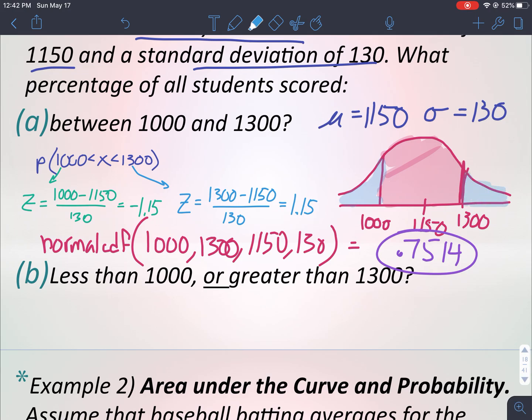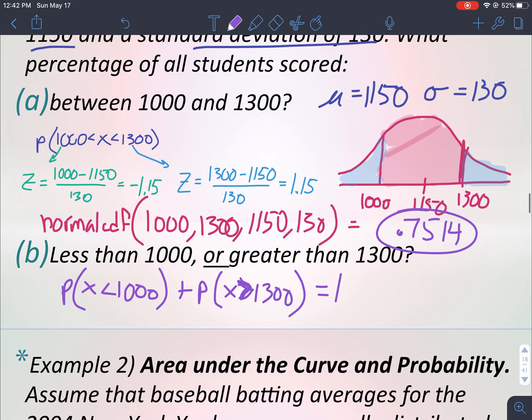So those are the complements right there, and that's going to be the probability of less than 1,000 and greater than 1,300. It is going to be 1 minus 0.7514, and that gives us 0.2486. So 24.86%.